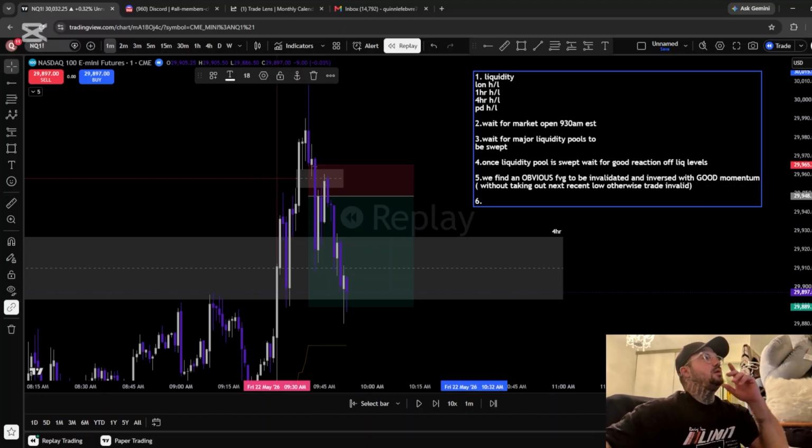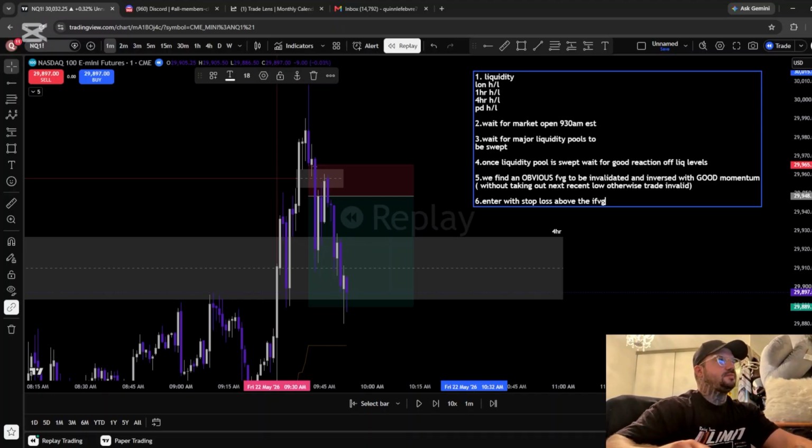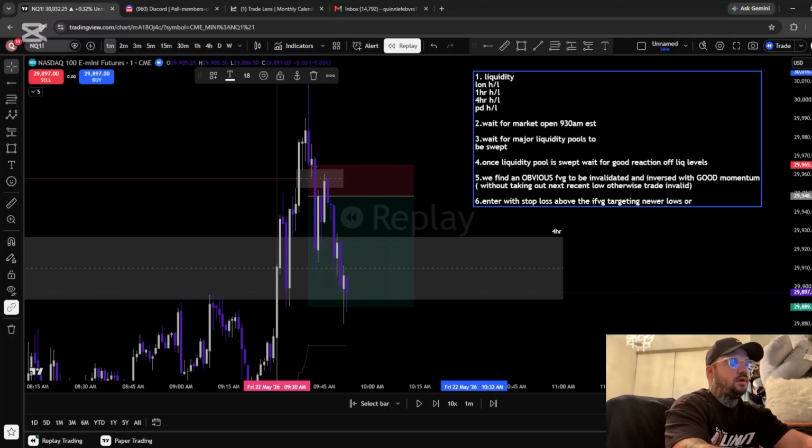Number 6. Enter with stop loss above the IFVG, targeting newer lows or vice versa.